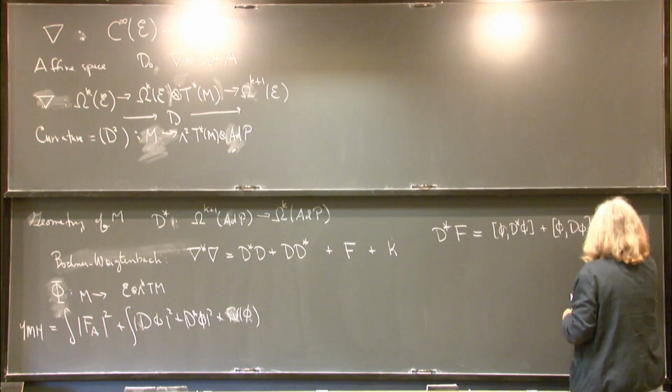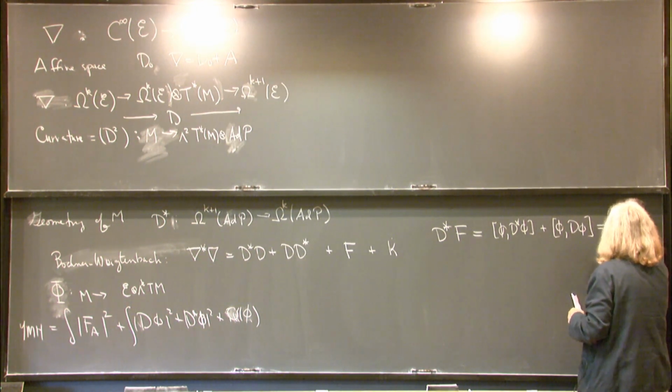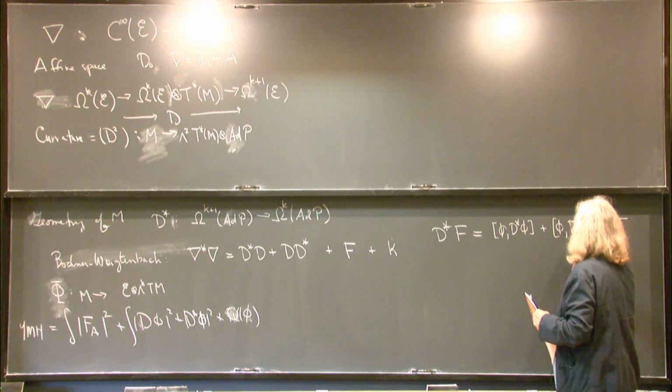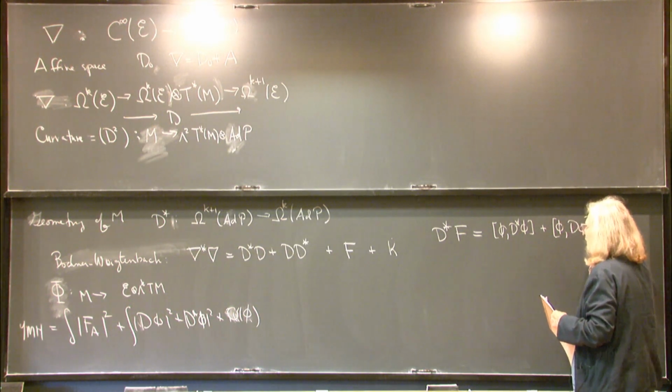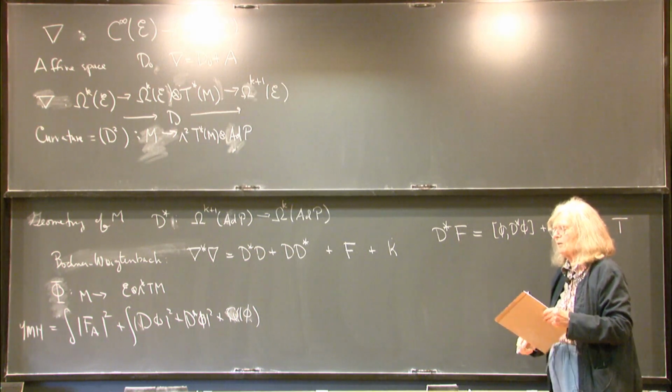And this is just some field, which I'll call T. And the right-hand side is basically lower order in all the examples that I know about.